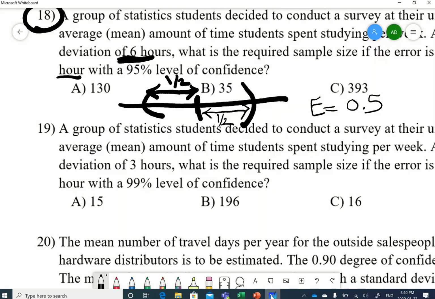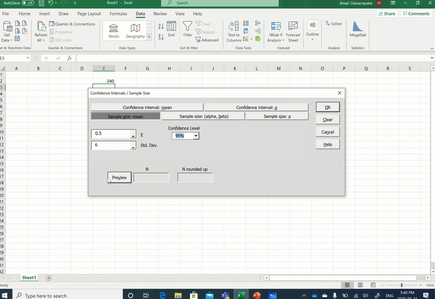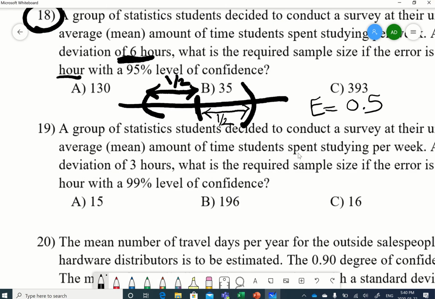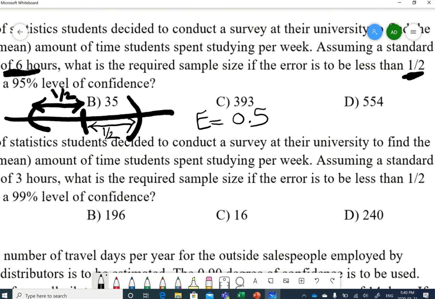Let me quickly check again. Yeah, 6 hours. Okay, 554. Okay. Yeah, so it's D. So in order for them to build this interval with 1/2 width of margin of error, they need to at least have 554 in their sample.